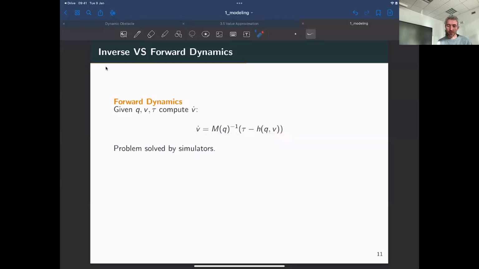And this is the problem that is solved internally by robot simulators. Every time you're using a robot simulator, what the simulator is computing inside is basically a solution to this problem, because you're providing the control inputs, tau, and the simulator is computing the evolution of the state through time, which goes through the computation of the accelerations of the system, V dot.